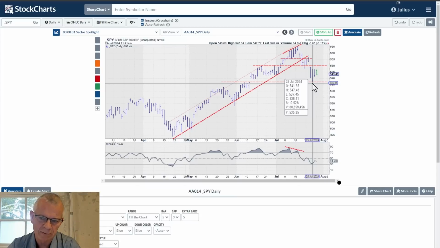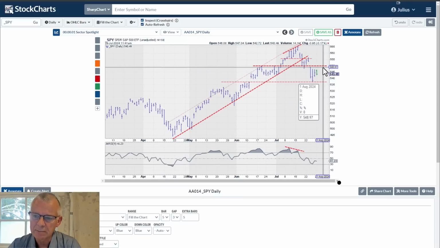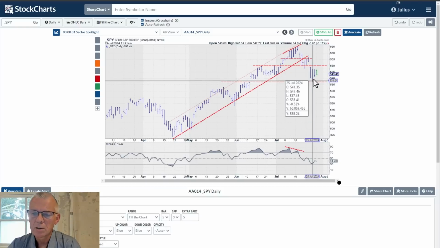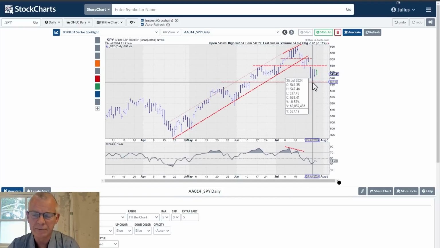That's 537.45, let's say the 537.5 area. The upside, I think, is going to be capped pretty much around 550. So for now, it's a trading range, 550, 537.5.